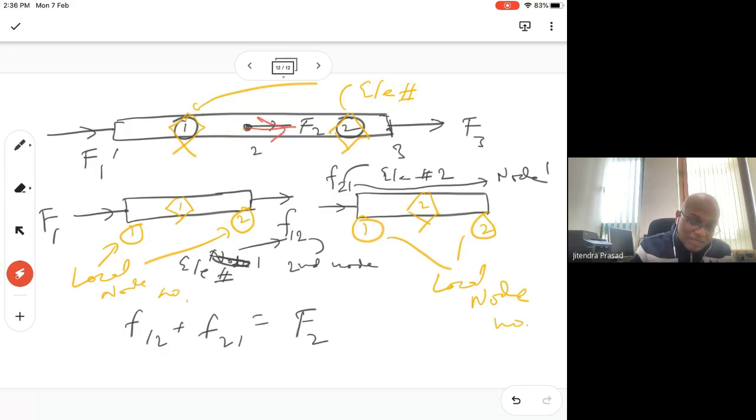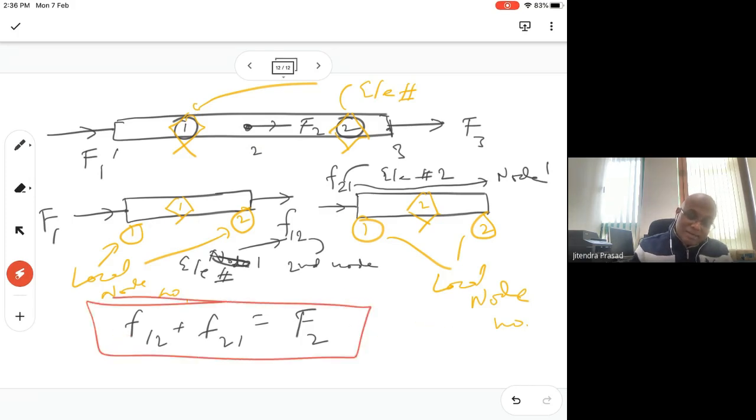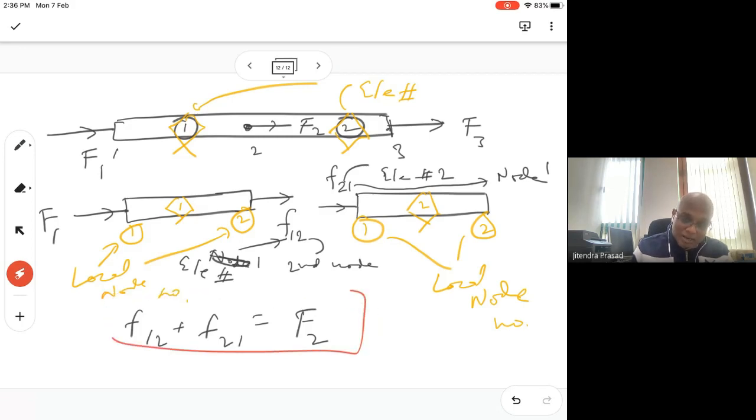But when you have external force applied here, and you cut exactly here, whatever the force, this one and this one, should add up to F2, whatever is the external force applied. So this is the equation you know. Remember that. Important to mention here so that we proceed.